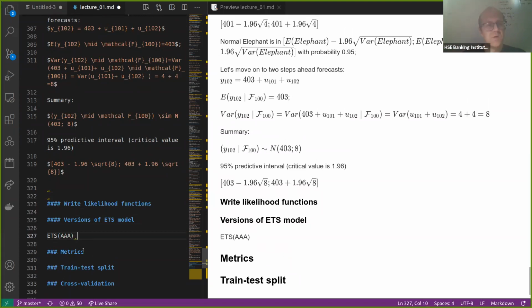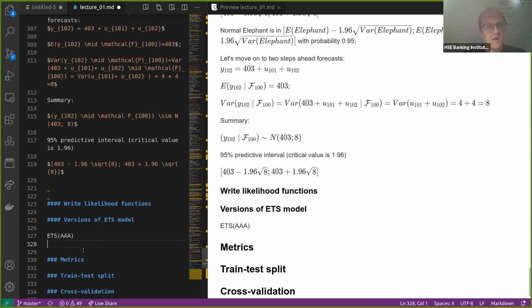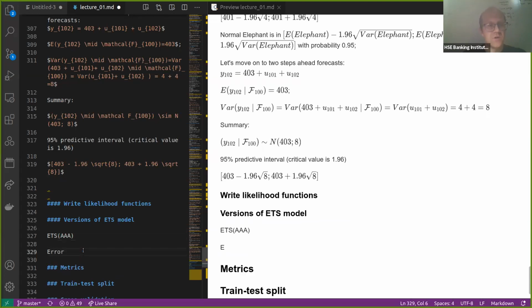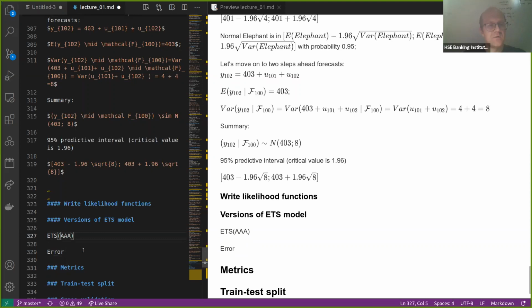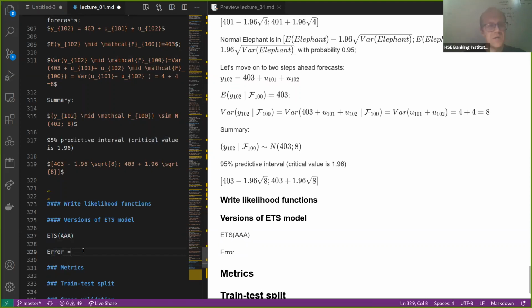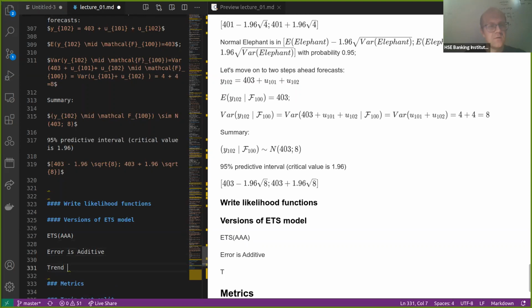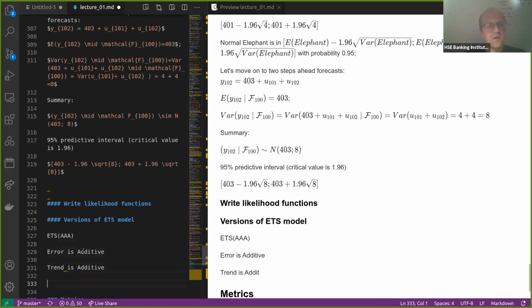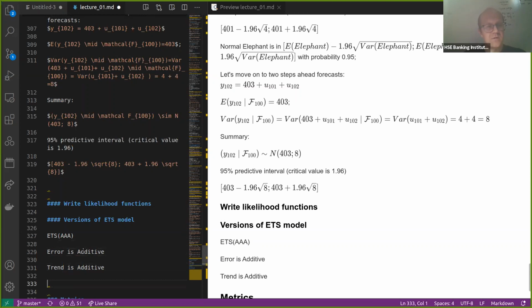What does the letter A stand for? The first letter, E, is error, A is additive. Then trend, the second letter, is additive. Third letter, seasonal effect, is additive.